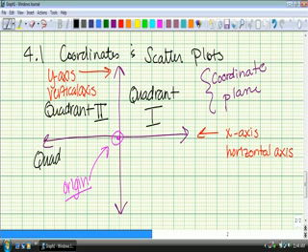So quadrant 3 is down here. And quadrant 4 is here.